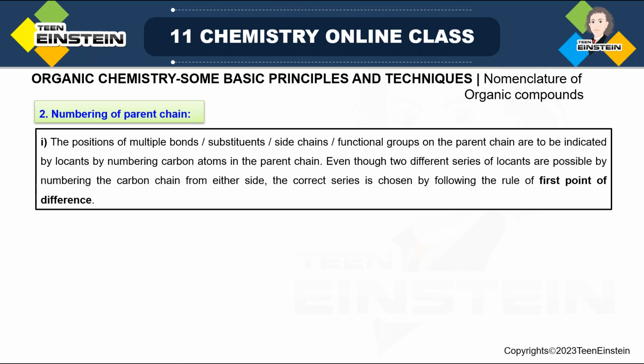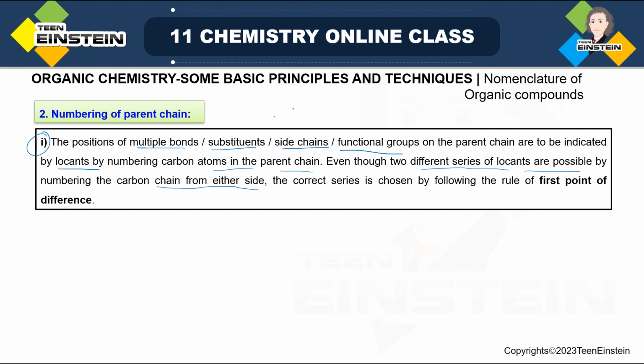So the first point here we are discussing is the positions of multiple bonds, that is C=C double bond or triple bond, substituents, it may be chloro, nitro like this, then side chains, that is carbon side chain obviously, or functional group on the parent chain, which are to be indicated by locants. Locants is nothing but simply numbers 1, 2, 3, 4, by numbering the carbon atoms in the parent chain.